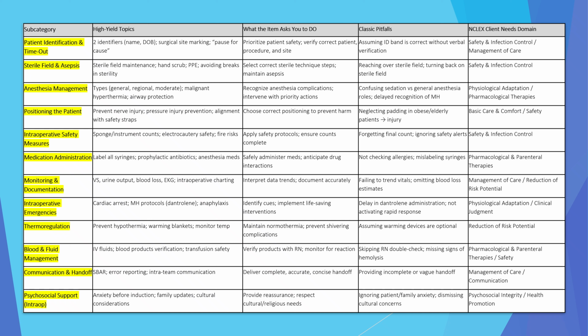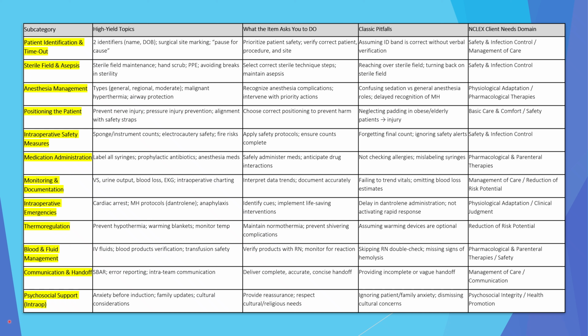You can see these are the topics. For instance, if you get a question from this chapter, these are the categories from the chapter, like patient identification and timeout, which are going to be in your quizzes.